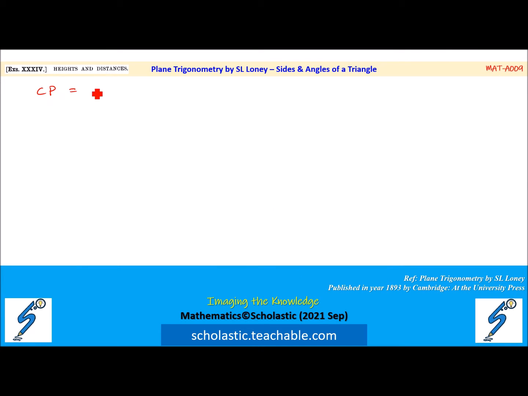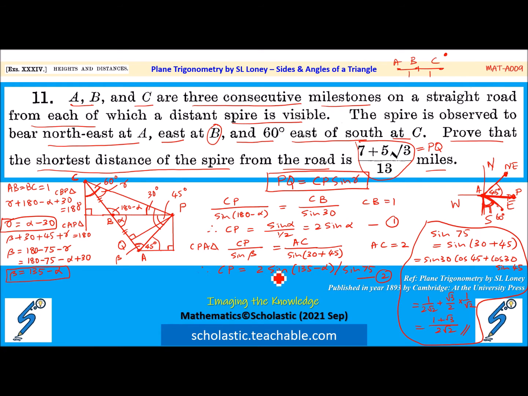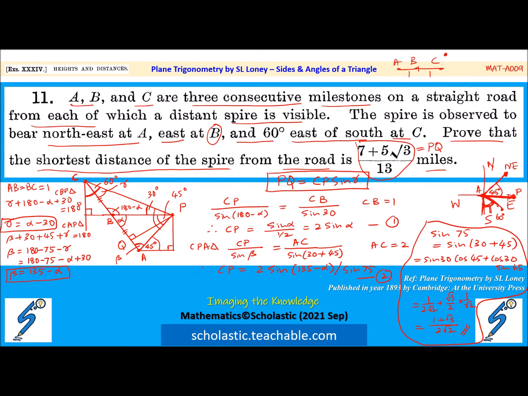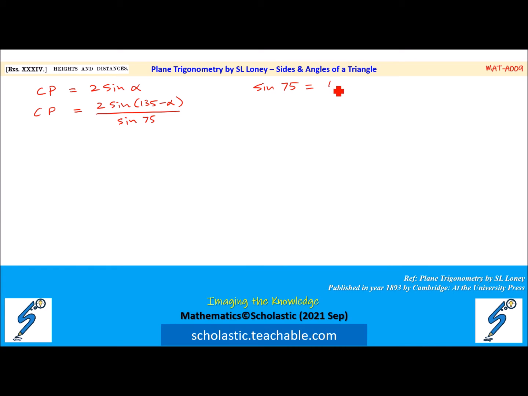CP is equal to 2 sine alpha, and the other equation is CP equal to 2 sine of 135 minus alpha divided by sine 75, and we found sine 75 to be equal to 1 plus root 3 divided by 2 root 2.